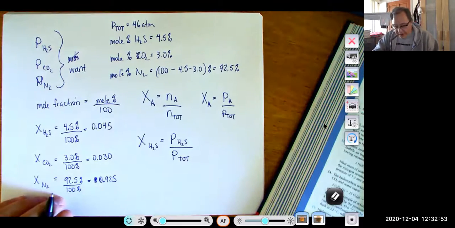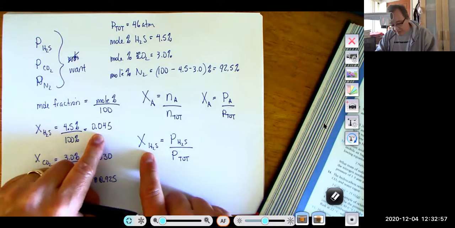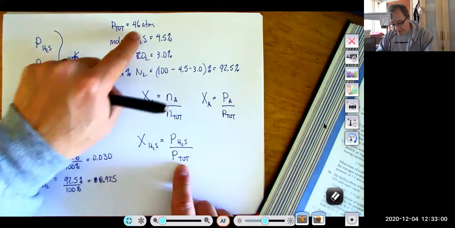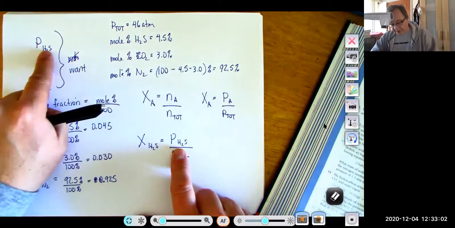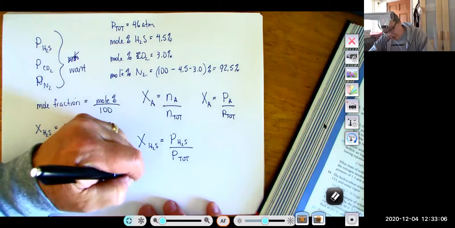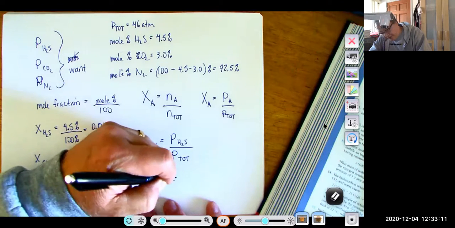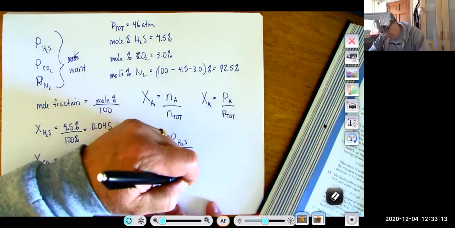Now, do we have the mole fraction of H2S? You bet your bippy. Do we have the pressure total? You bet your bippy. Do we want the partial pressure of H2S? You bet your bippy. So this comes out to the partial pressure of H2S is equal to the mole fraction of H2S times the pressure total.